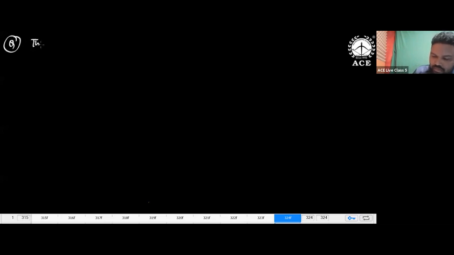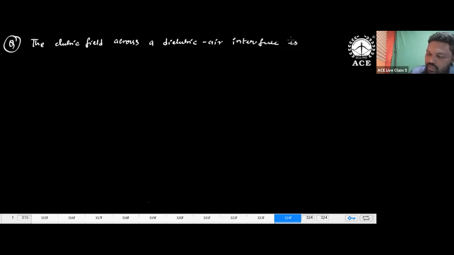The electric field across a dielectric air interface is shown in the given figure.